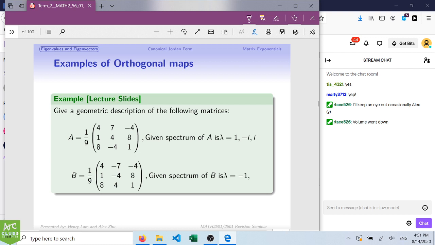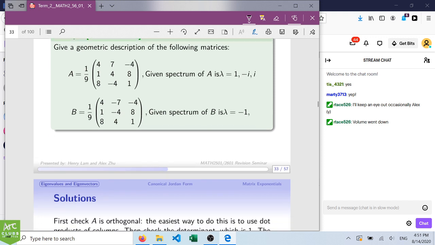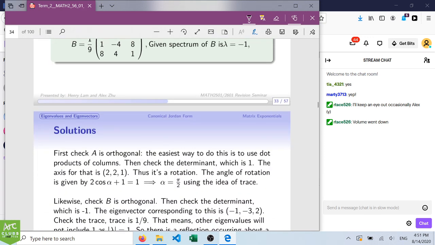Because this is going to tell me if this matrix is in fact, well, first we're going to check if this is an orthogonal matrix, and we can check that by looking at each column. The length of each vector is going to be 1, and also the dot product of each pair of vectors is going to be 0. And yeah, we're going to check that.